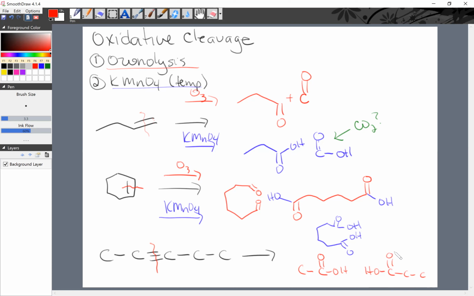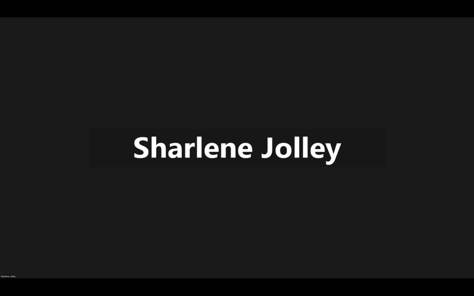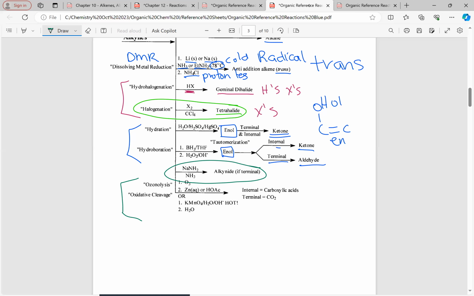Because I had to cleave through all three, you get carboxylic acids on both sides. So if you have internal, you get carboxylic acids.